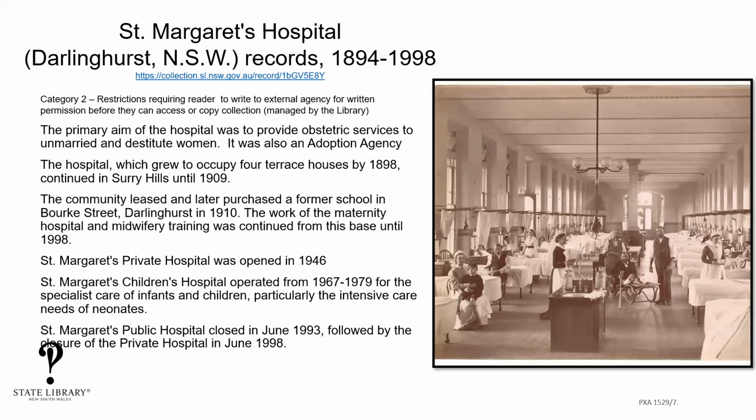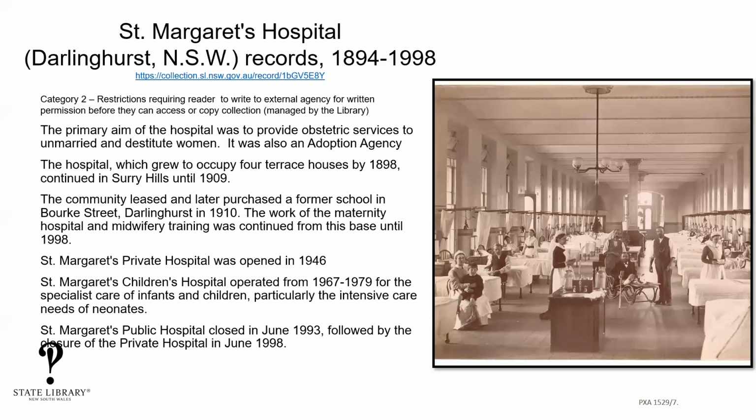The hospital, which grew to occupy 4 terrace houses by 1898, continued in Surrey Hills until 1909. During this period, the hospital began training other women in midwifery and infant care and expanded to open an outpatients clinic. From 1910, the hospital continued in Burke Street, Darlinghurst.